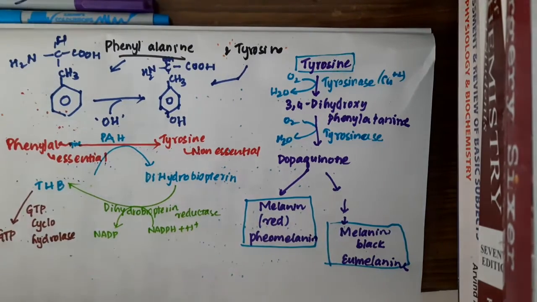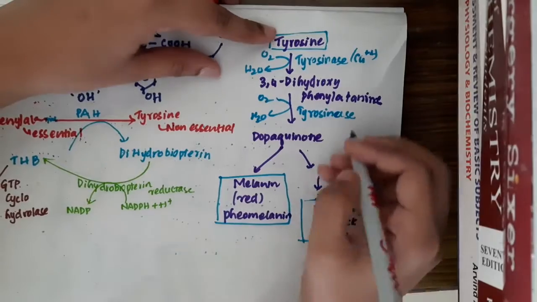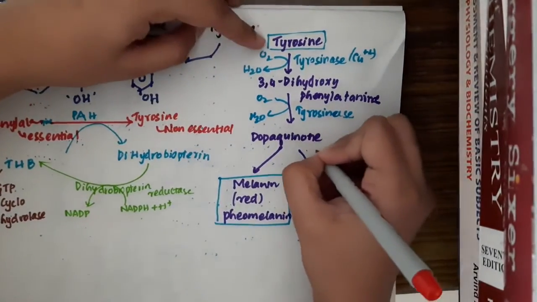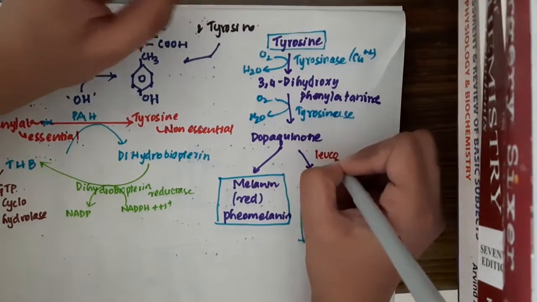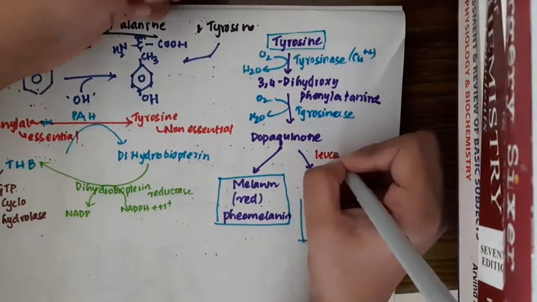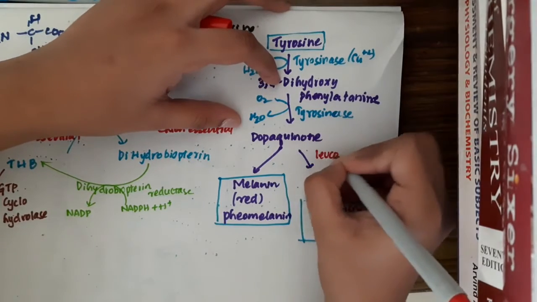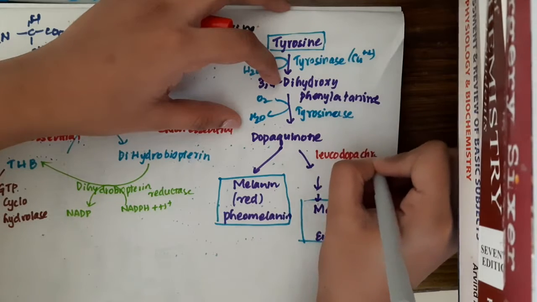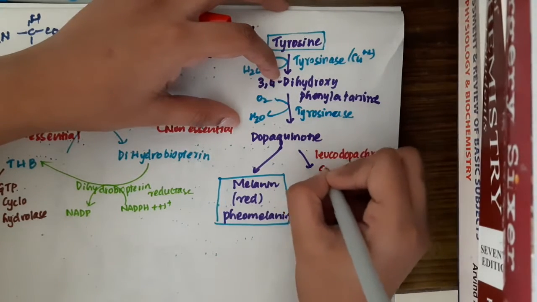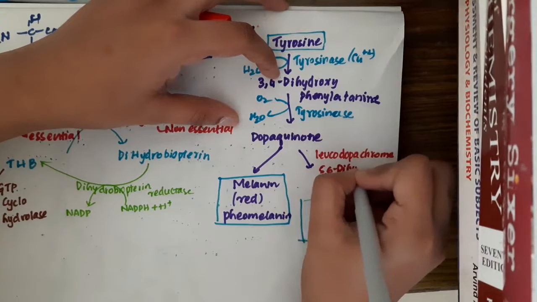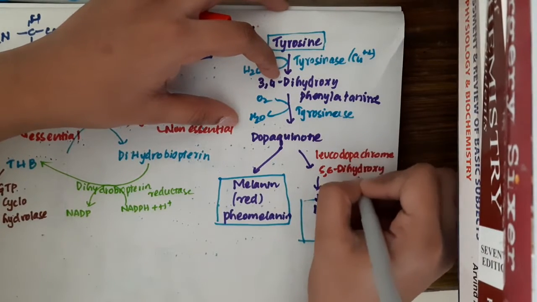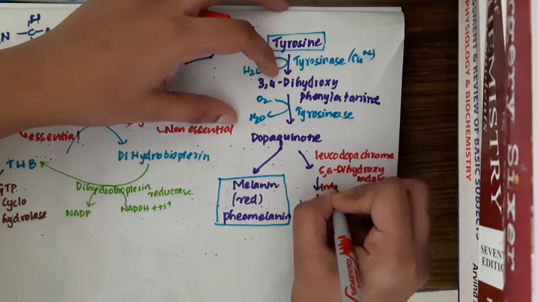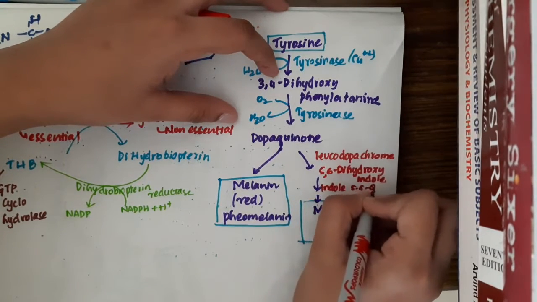Then here, from dopaquinone to melanin black, there are many intermediates. You do not need to know these intermediates, but I am just telling it for information. So, dopaquinone gets converted to leukodopachrome, and this leukodopachrome gets converted to 5,6-dihydroxyindole, and this 5,6-dihydroxyindole forms indole 5,6-quinone.